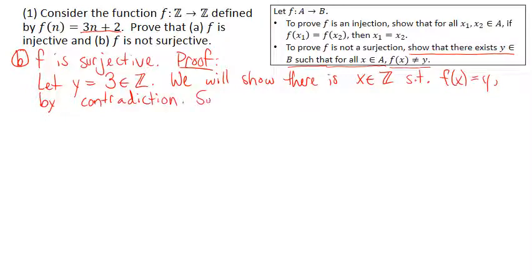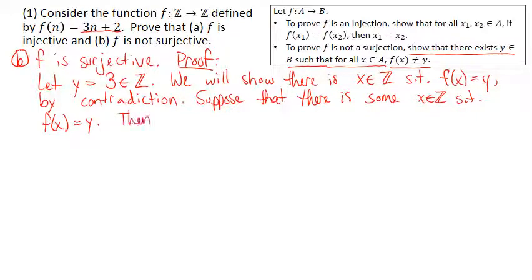So suppose, to the contrary, that there is some integer x such that f of x equals y. And then I'm going to try to find a contradiction, okay?